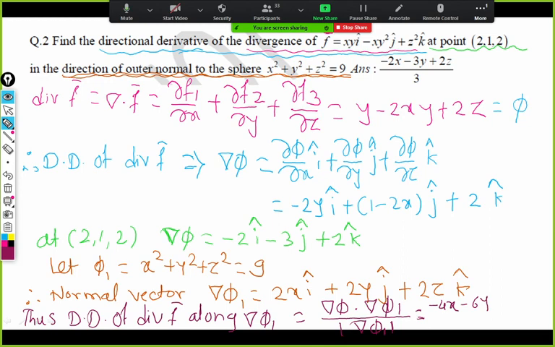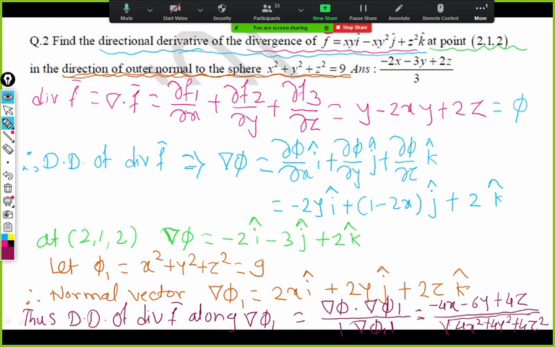And lastly 2 into 2z, that is 4z, divided by square root of the magnitude of del phi 1. So magnitude of del phi 1 is 4x square plus 4y square plus 4z square. That's one. Yes, one small step is left.